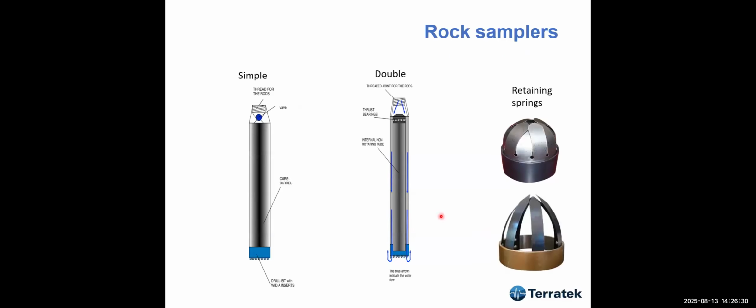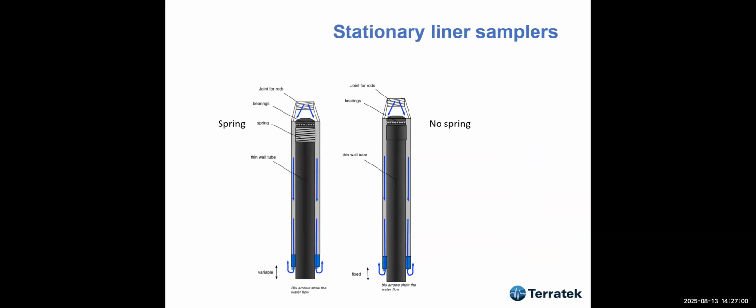Okay, this is a simple sampler, which has one barrel only. This is the drill bit, this is the valve. So this is not very good, leads to bad results, and you should use at least double, sometimes triple, and you can have the retaining springs down here in order to avoid the rock sample falling out.